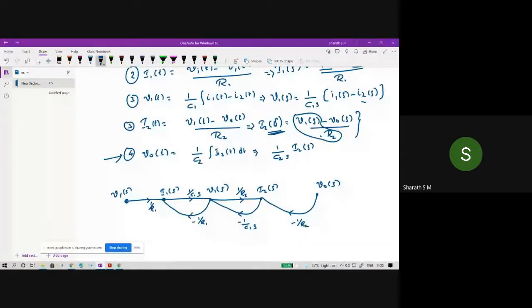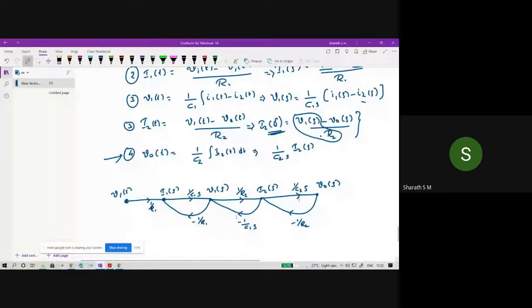The same way for the last equation, V0 of S is equal to 1 over C2S into I2S. So from I2, it is acting as a forward path with a gain of 1 over C2S. So this is how we can write down and extract the signal flow graph for the given circuit. First we need to write down the equations, write down the equivalent Laplace, and then identify the nodes.